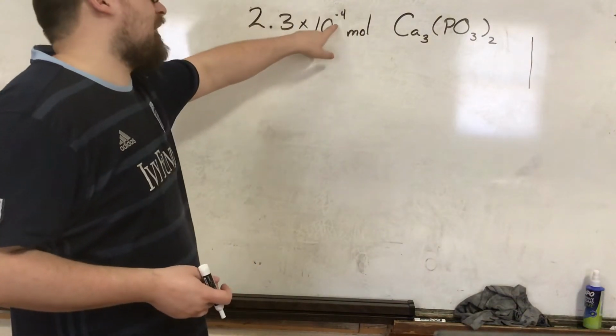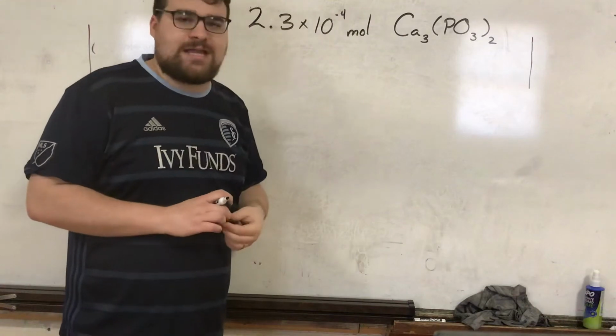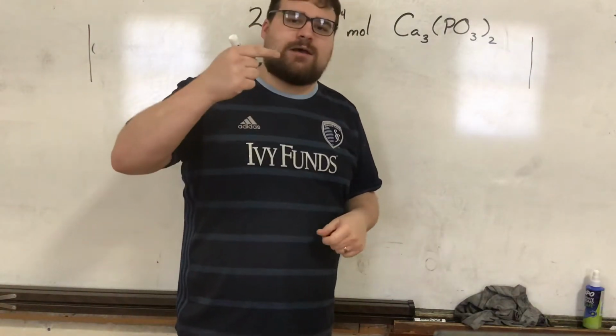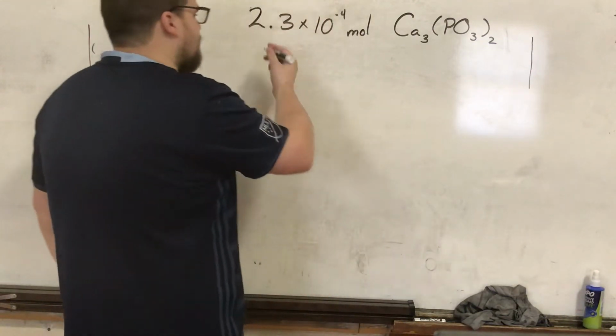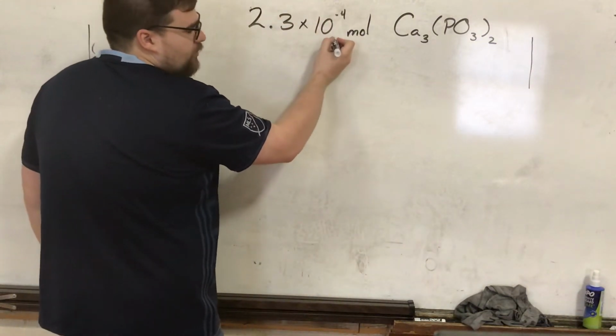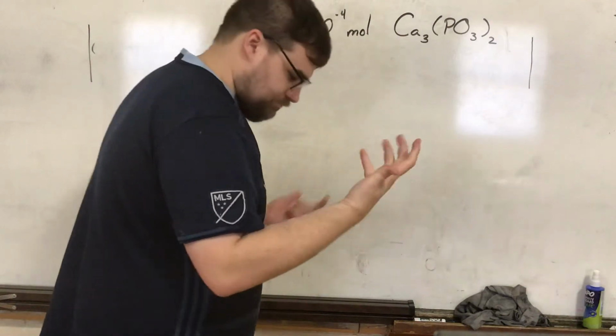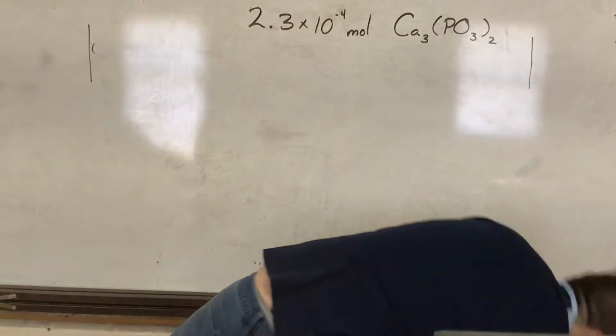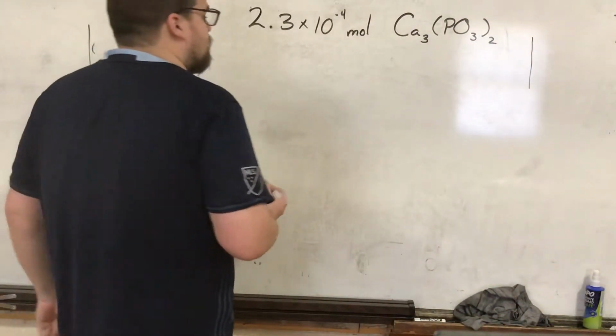First off, whenever we have scientific notation in the negatives, what that means is simply that the decimal place, instead of moving to the right and the number getting bigger, is moving to the left and the number is getting smaller.